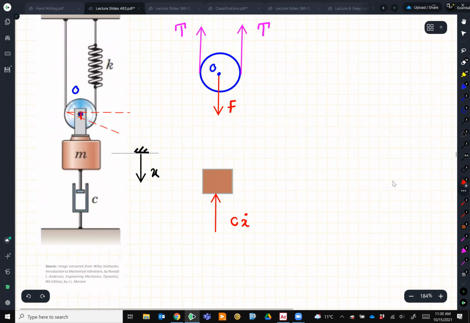If from O to O prime it is X, then obviously this point is going to be 2X, right? You guys can see, I guess. So move back there.